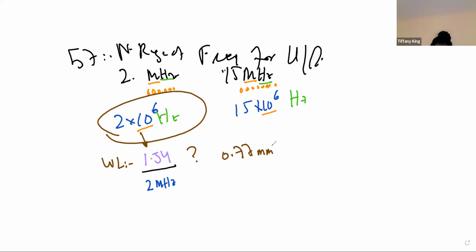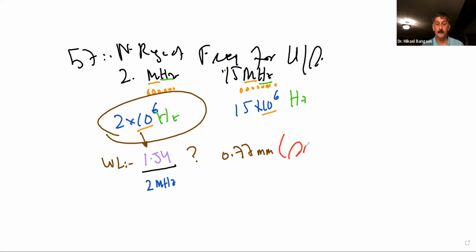I have a question now. Is it always going to be the 1.504, even if the numbers are different, like the hertz number? Yes, for soft tissue, this number here is going to be standard.